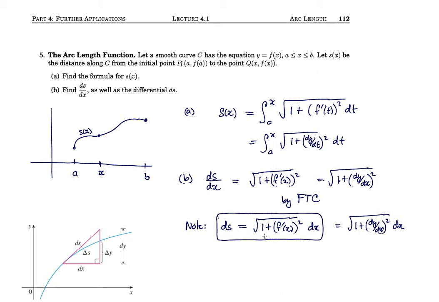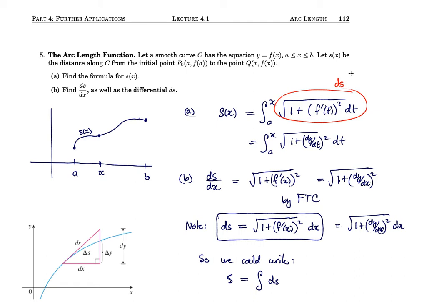And what we notice is that the differential ds is precisely what appears as the integrand and dx for the integral representing arc length. So we could write the arc length function s as the integral of ds. All we're doing is taking this stuff here and noticing that that's what we've called ds.